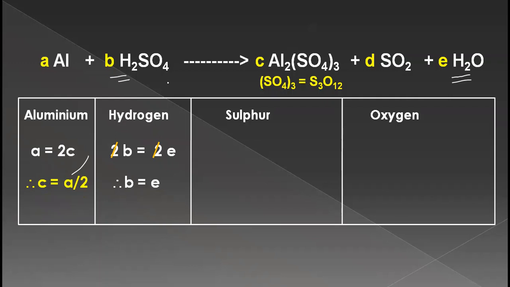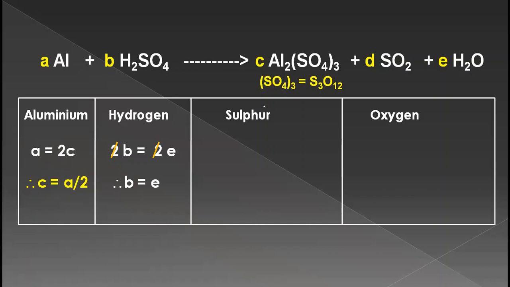Now let me go with sulfur atoms. There is one sulfur atom in one molecule of sulfuric acid. And in this balanced equation, we have B molecules of sulfuric acid. So that makes the total number of sulfur atoms B. So B into 1 is B. So we have B sulfur atoms on the reactant side.